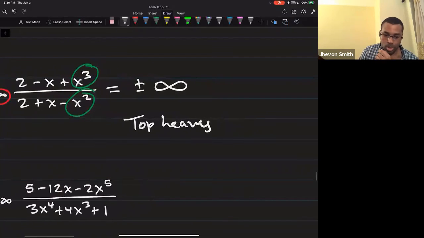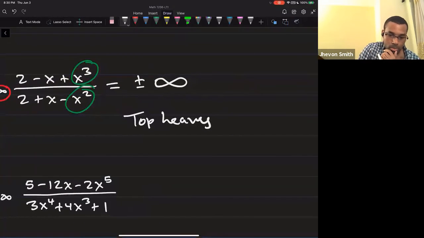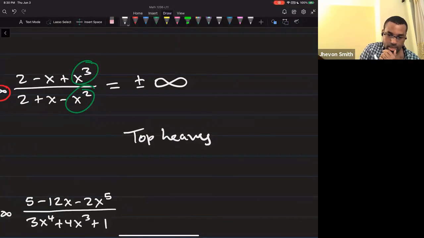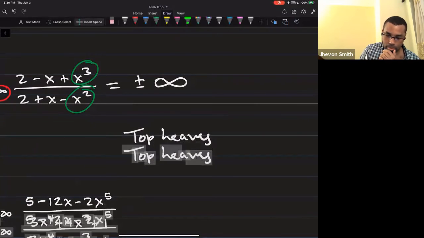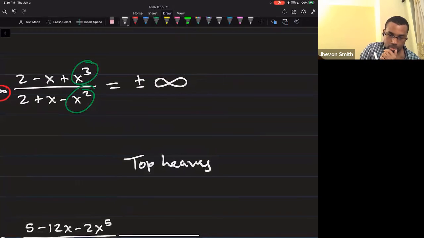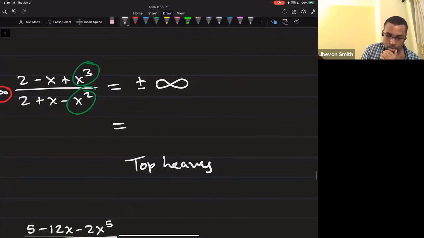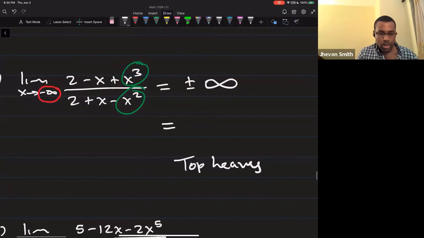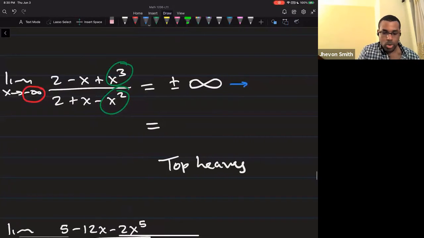So now you're going to worry about which infinity it is. Well, I'm going to negative infinity, right? So I'm going to have negative infinity cubed divided by negative infinity squared.